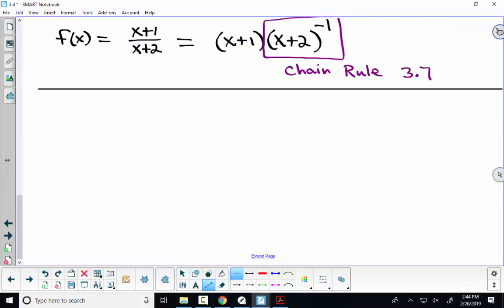The other thing now with this rule is if we had to find the derivative of 1 over, let's say, 1 over x squared, we could use the quotient rule on this.